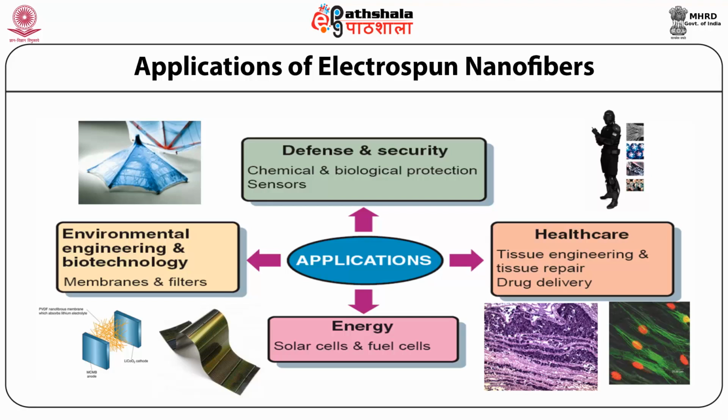Electrospun nanofibers are potentially being used for solar cell and fuel cell as energy storage devices. Many more applications of electrospun fiber in diverse fields are possible due to the possibility of easily tailoring the properties of fiber as per need.